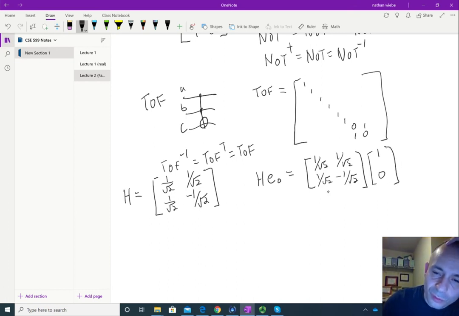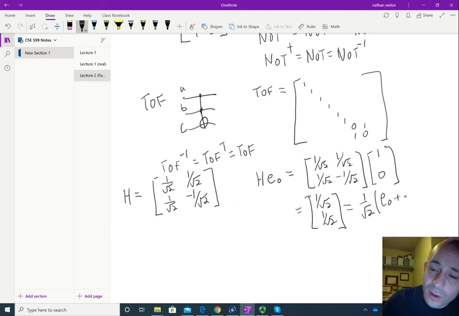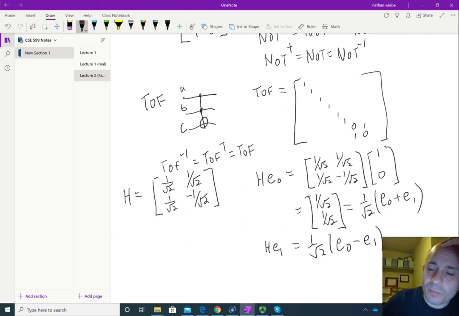This will just end up yielding that column. So that's 1 over root 2, 1 over root 2, or if we prefer unit vector notation, this is 1 over root 2 times E0 plus E1. Similarly, H E1, we can end up seeing as 1 over root 2 times E0 minus E1.